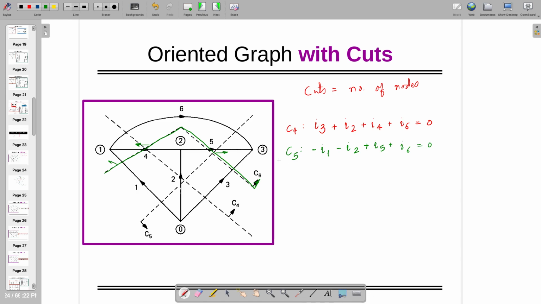So I can write down C6: I3 is in the same direction of 6, so plus I3 plus I5 minus I4 plus I1 is equal to 0. So yesterday by some problem, maybe I was making a mistake, I don't know, some people got the correct thing, but I was not able to get this minus, right? So now this is the correct one, right?